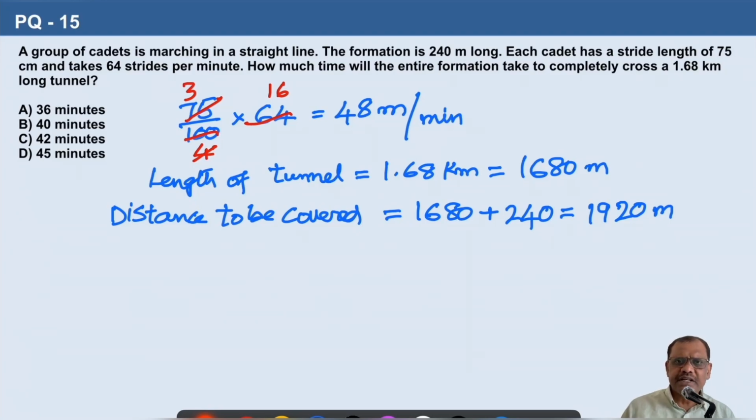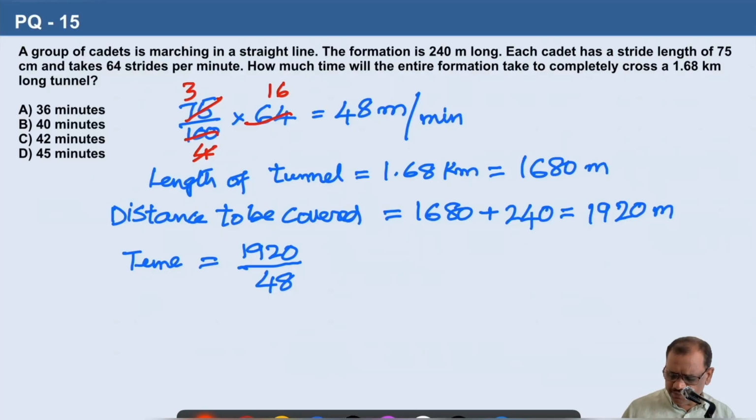And in 1 minute, how much distance is covered by each cadet? 48 meters. So let us find out the time to cross the tunnel. The distance to be covered is 1920 and in 1 minute 48 meters is covered.